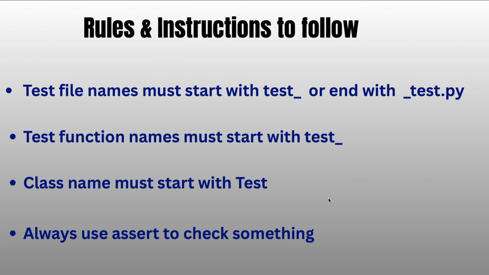If you are using the Pytest framework and you are creating the files inside it, then the file names must start with the word test underscore or end with the word underscore test.py. And the function names that you are going to create inside the test files must start with the word test underscore. And the class name also has to start with the word Test. And if you want to do any comparison, then you have to use the word assert.